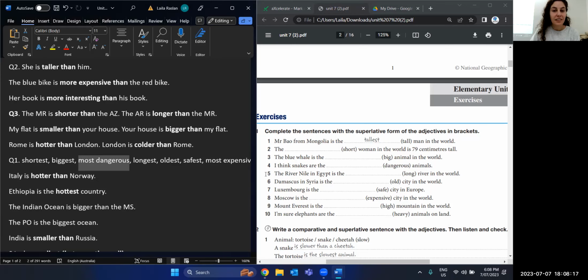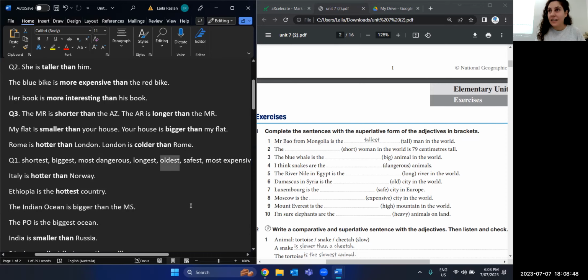And 5, Ojalon? Nile? Longest. 6, Andes. Oldest.